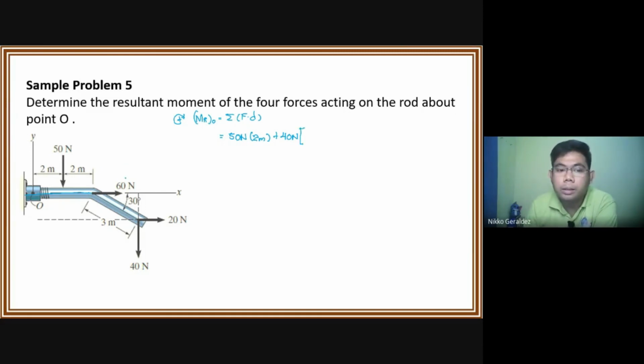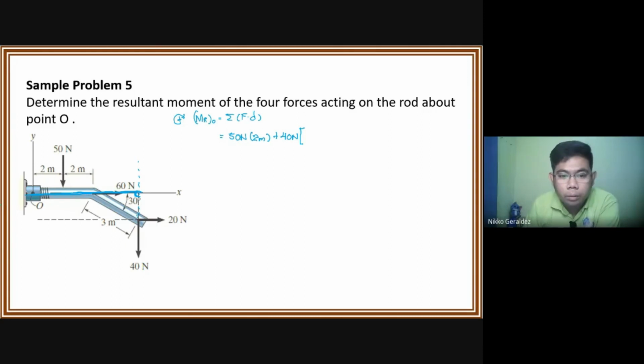the perpendicular distance. Extend the line of action again, then create a perpendicular line from point O intersecting the line of action of the 40 Newton. That is the perpendicular distance.